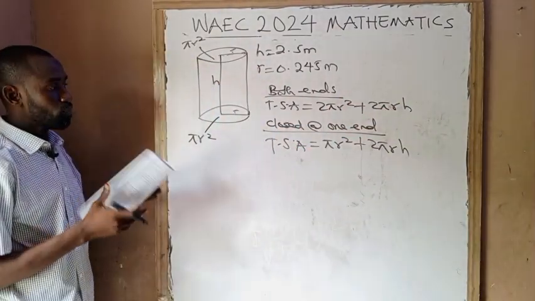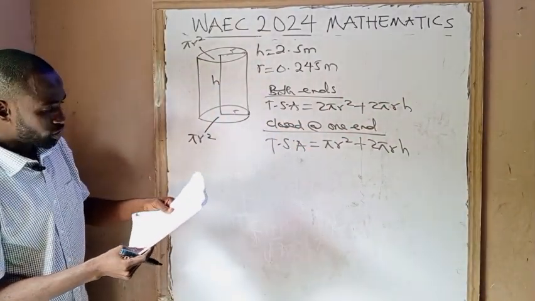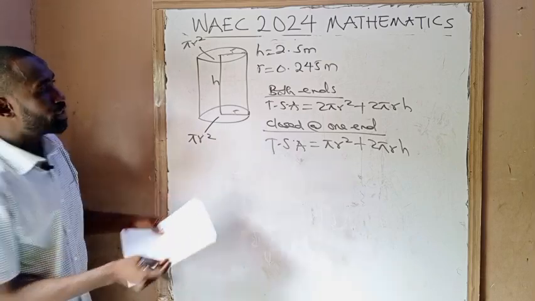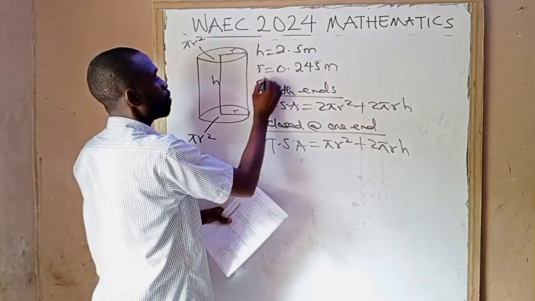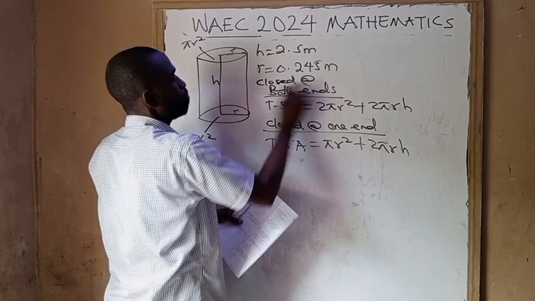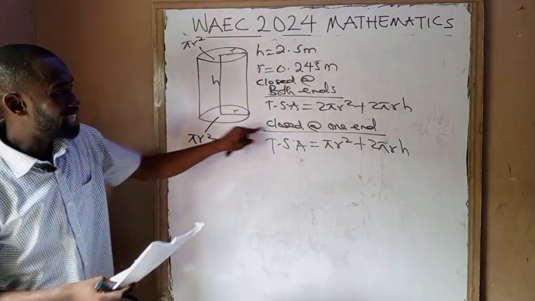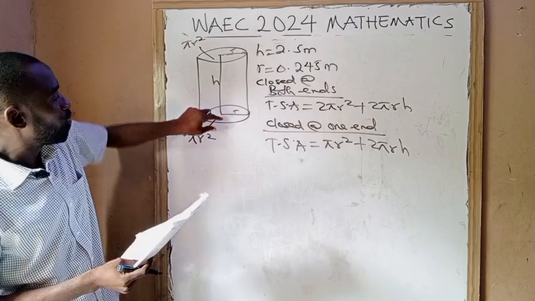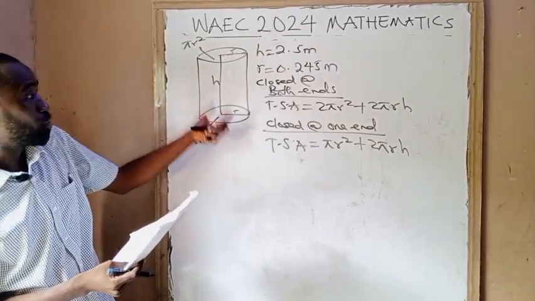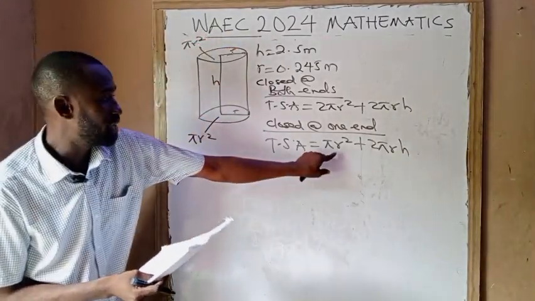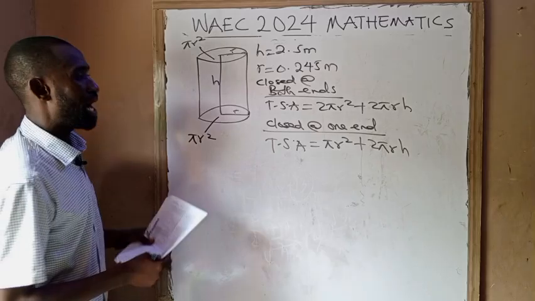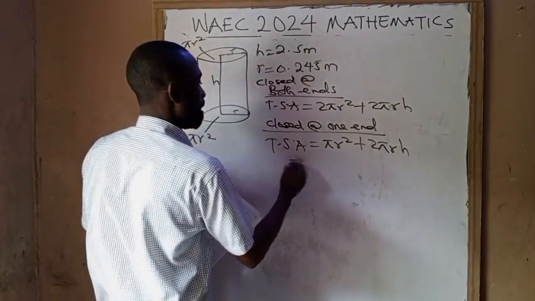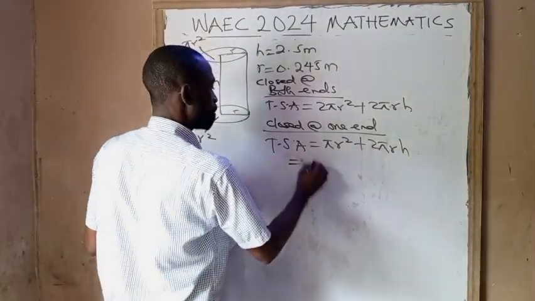Are you with me? But in the question, it is closed at one end. This one is closed at both ends, but here it is closed at one end. So it will be just the area of one of these, the circular base or circular top, plus 2 pi r h. Pi is common to both terms, so I can bring pi out.